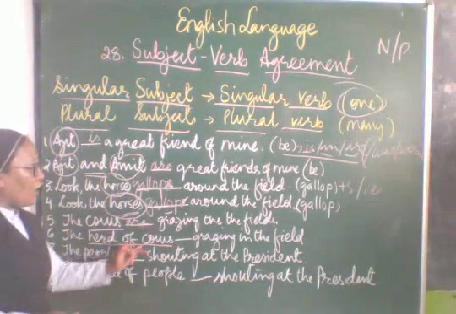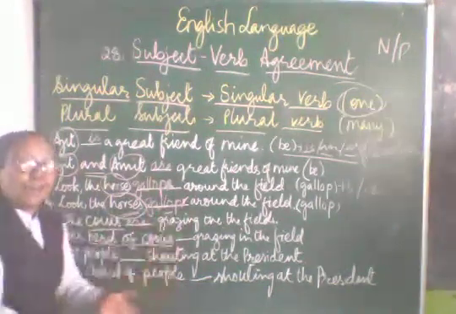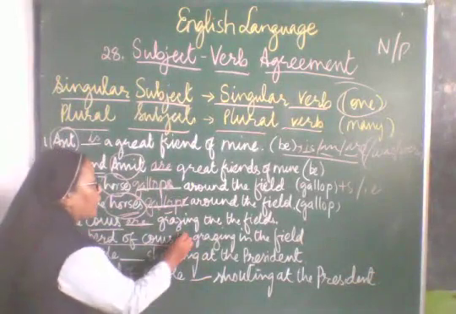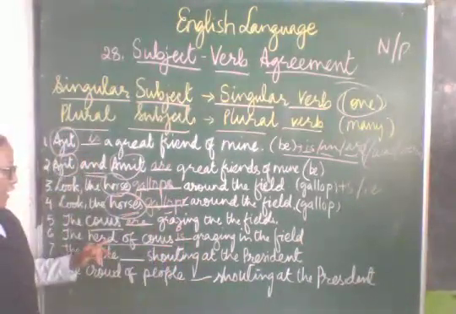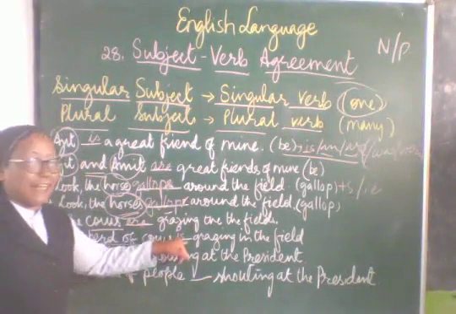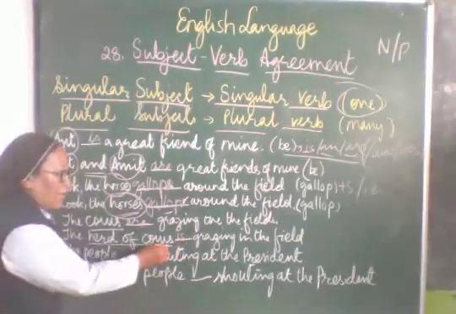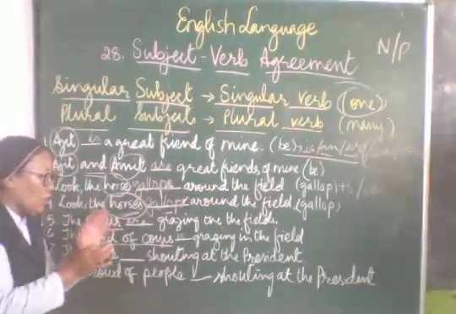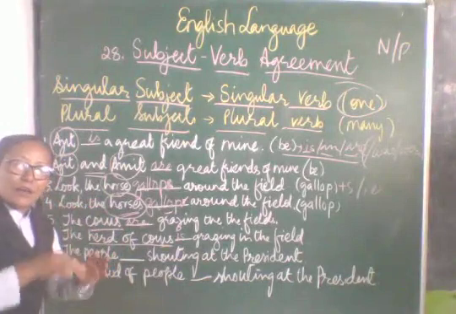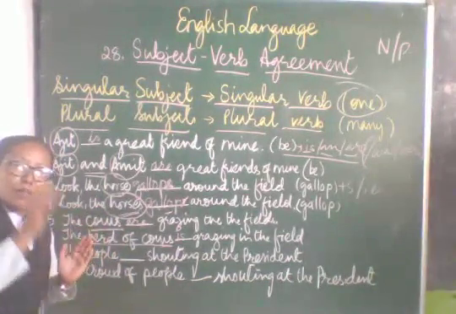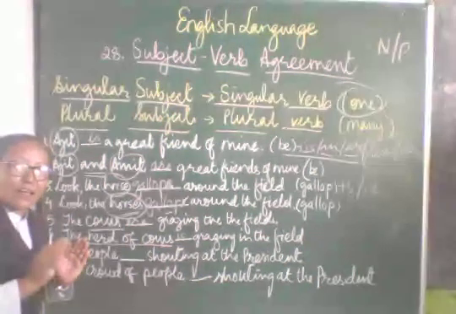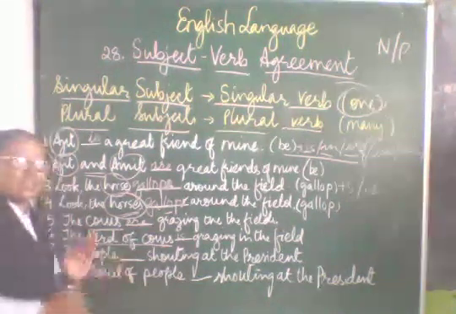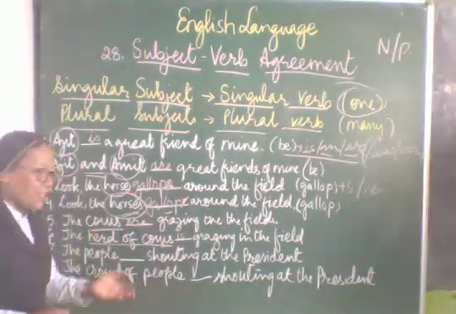So, the herd of cows, a group of cows. Is or are? Is. I should not be looking at cows, I should be looking at the whole herd of cows, a group of cows. So when it is a collective noun, I should take the singular verb. A collective noun is considered a singular subject.